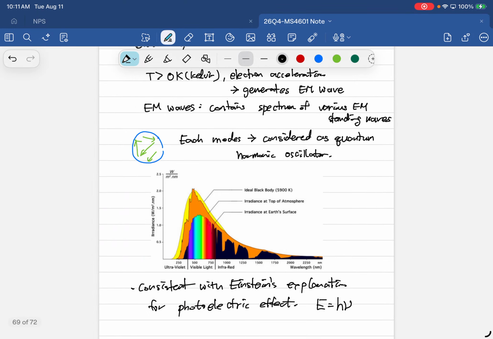So n cannot be like 0.0001 or 0.1, 0.2. Nothing like that is possible. The energy can only go from the base of 1/2 h nu, and the next value is 3/2 h nu. So h nu is added on top. In this sense, it is a discontinuous energy.